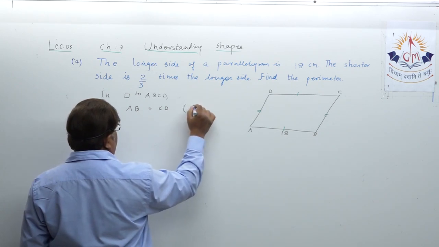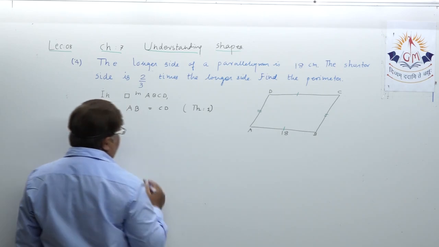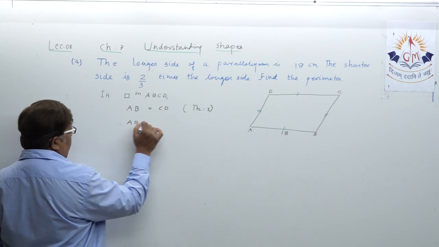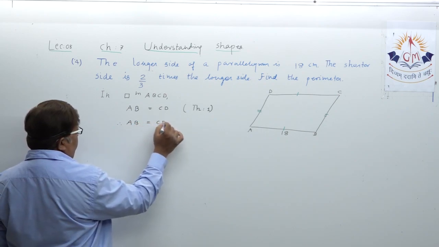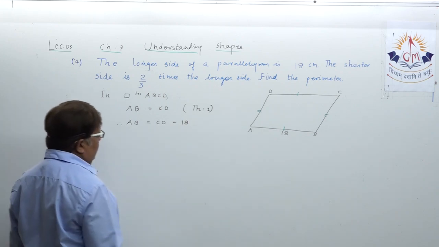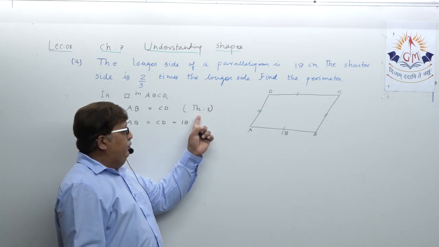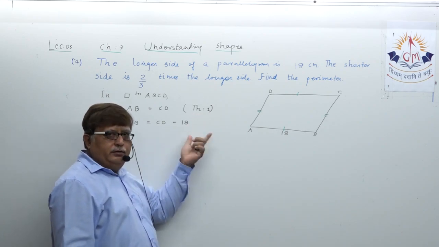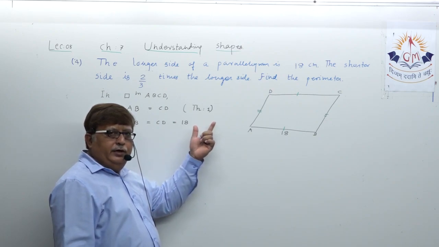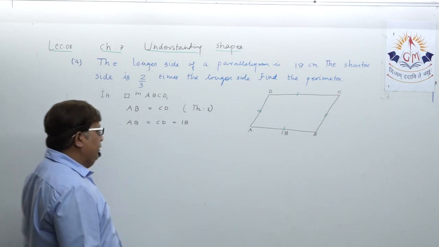What you have written as a reference theorem number 1. Therefore, AB equal to CD equals to 18. Okay. Here, dear student, you can write theorem 1, or you can also write a statement that opposite sides are congruent, sufficient. You can write that also.